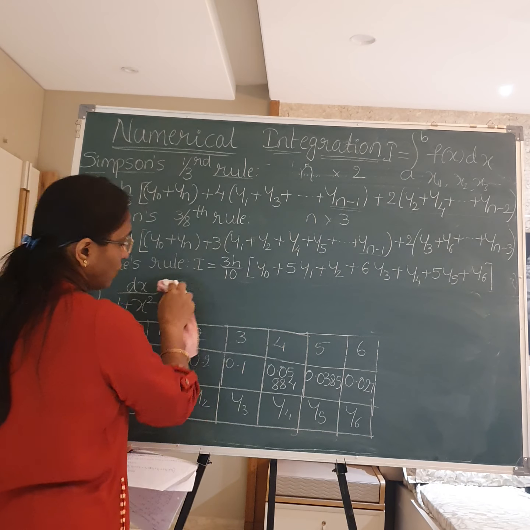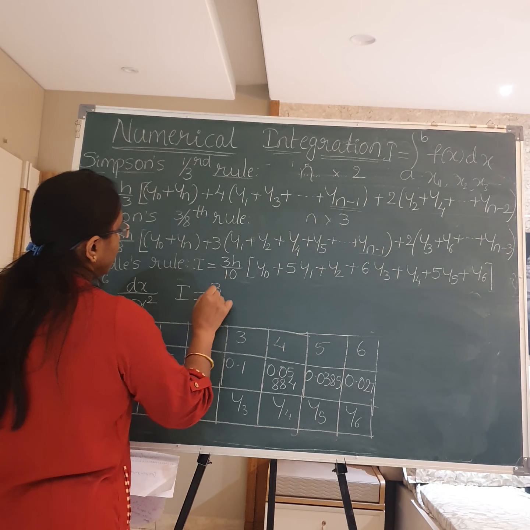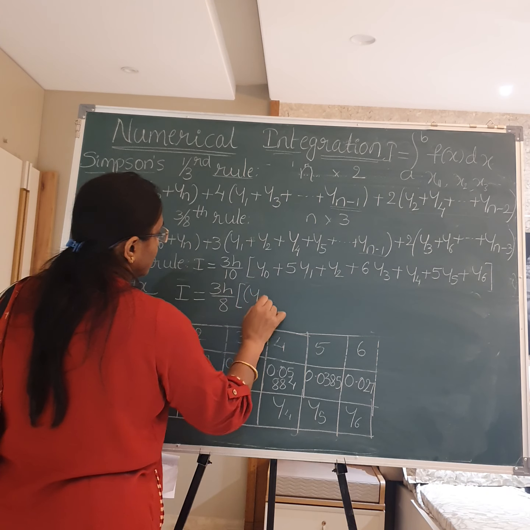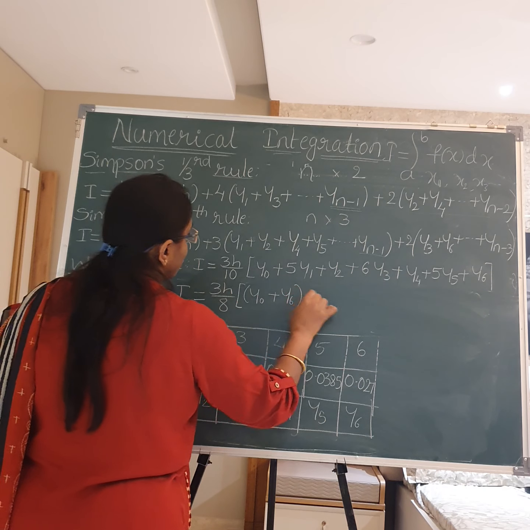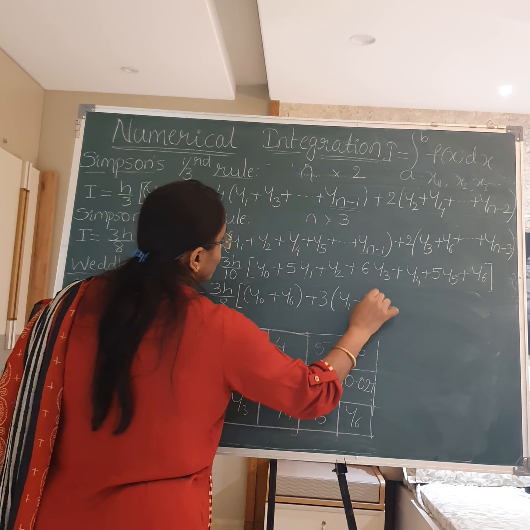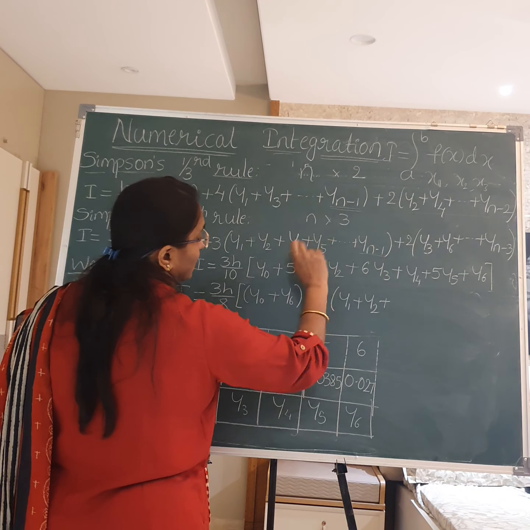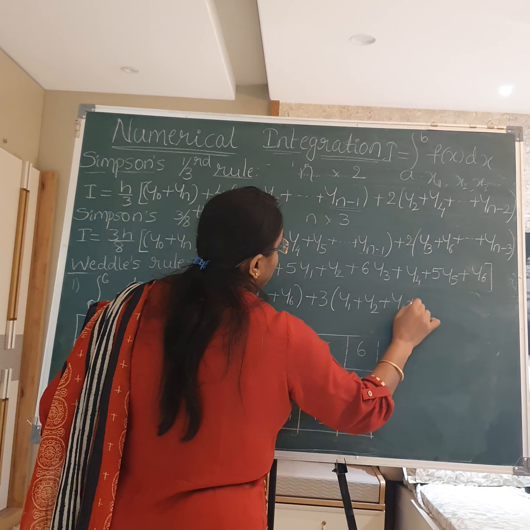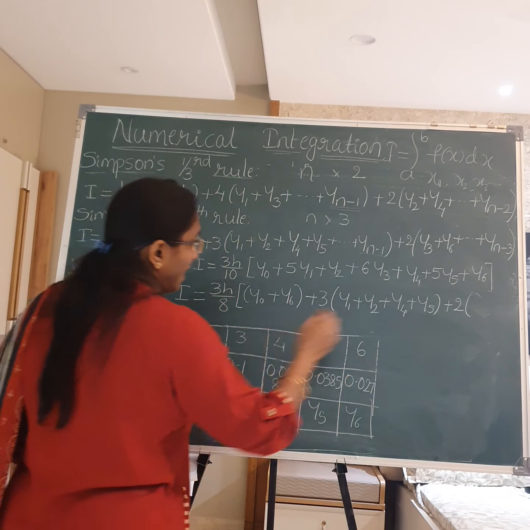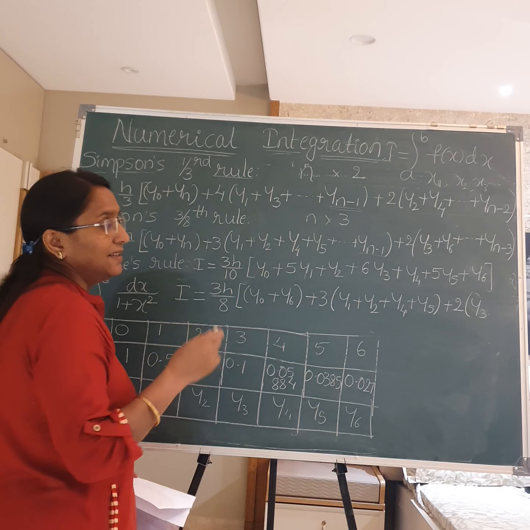Again we have to change according to n. 3/8 rule, I is equal to 3h by 8 into Y0 plus Y6, plus 3 into Y1 plus Y2 plus up to n minus 1, that is up to Y5, 6 minus 1, Y4 plus Y5, plus 2 into multiples of 3, Y3 up to n minus 3, the last term, 6 minus 3, that is Y3.